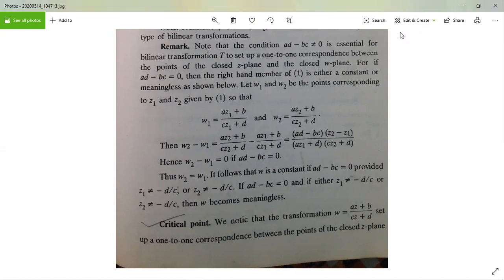Now, we know that the transformation omega equals az plus b by cz plus d sets up a one-to-one correspondence between the points of the closed z-plane and the closed omega plane, except at z equals minus d by c and z equals infinity, which are the points where the function may vary.